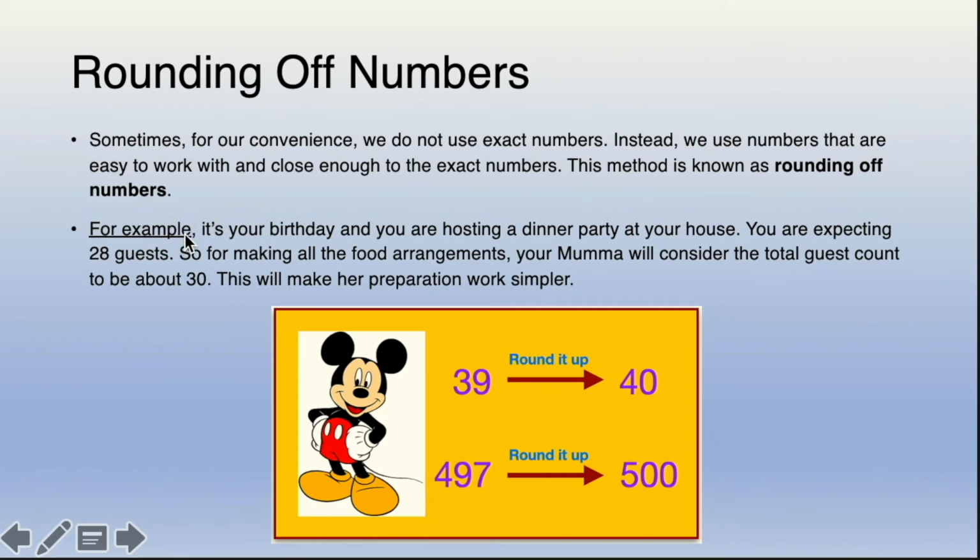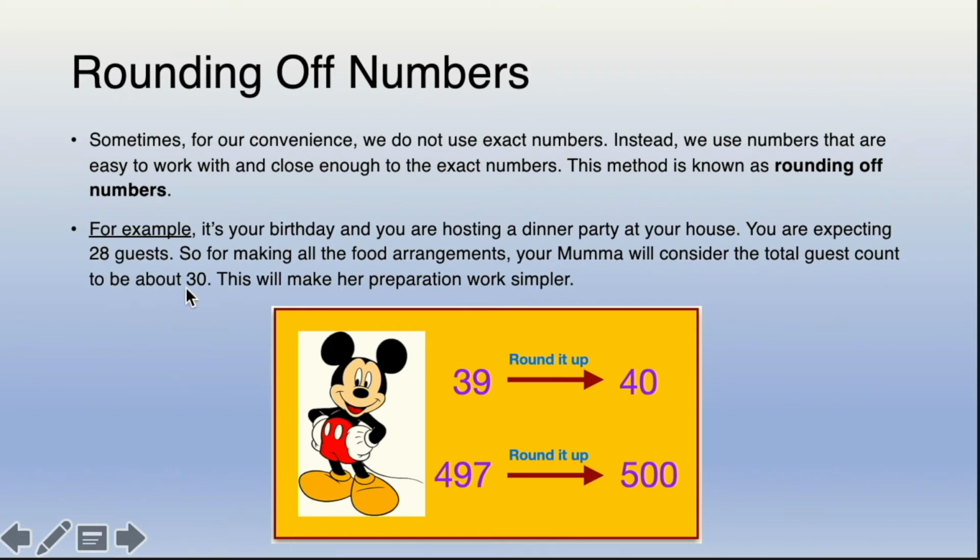For example, it's your birthday and you are hosting a dinner party at your house. You are expecting 28 guests. So, for making all the food arrangements, your mama will consider the total guest count to be about 30.